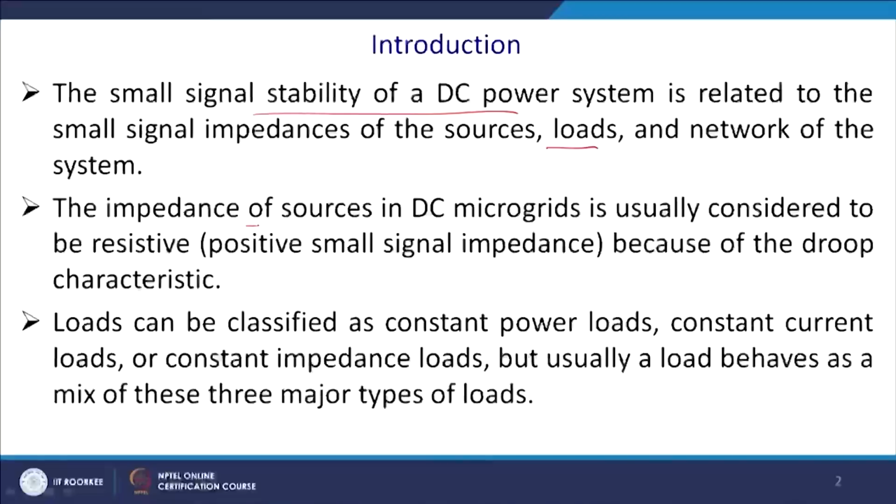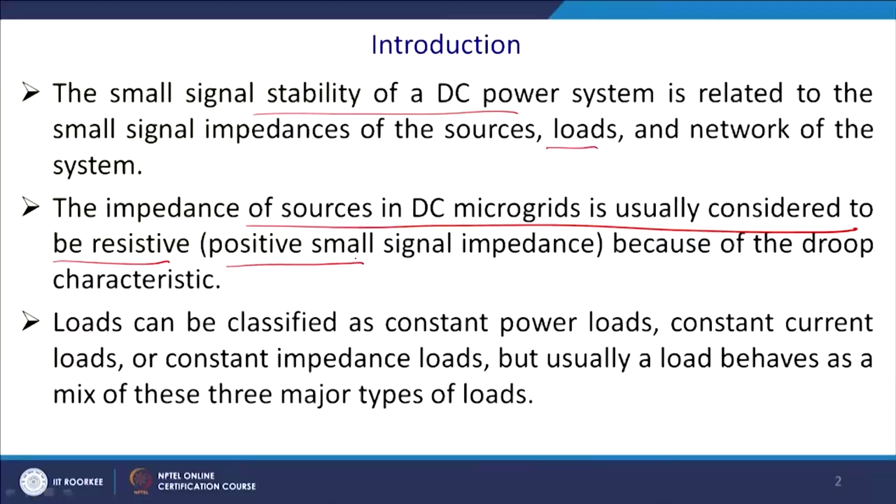The impedance of the source in a DC microgrid is usually considered to be resistive, because inductance does not have any effect here. Unlike the conventional grid, where the X by R ratio is around 7, so predominantly you have the inductance, in the DC microgrid you do not have any inductance; the inductor is shorted.